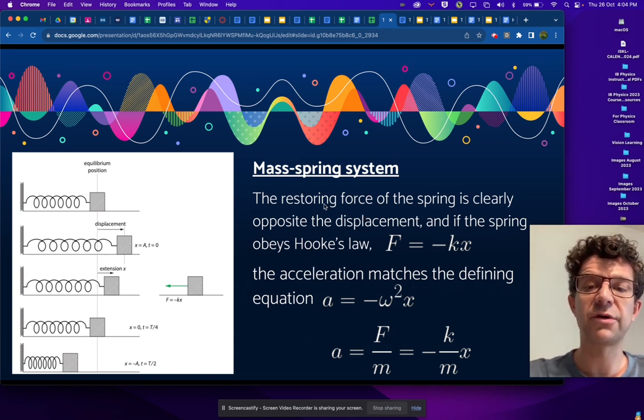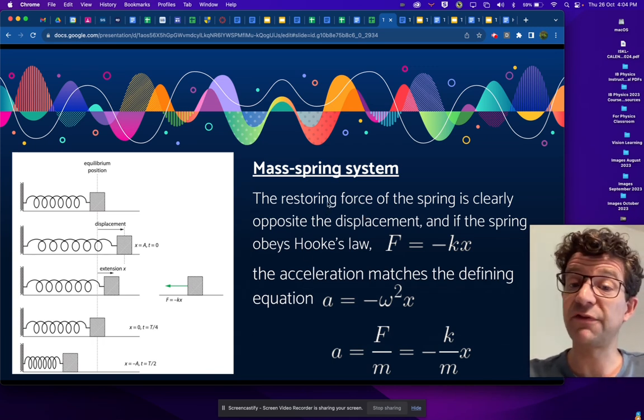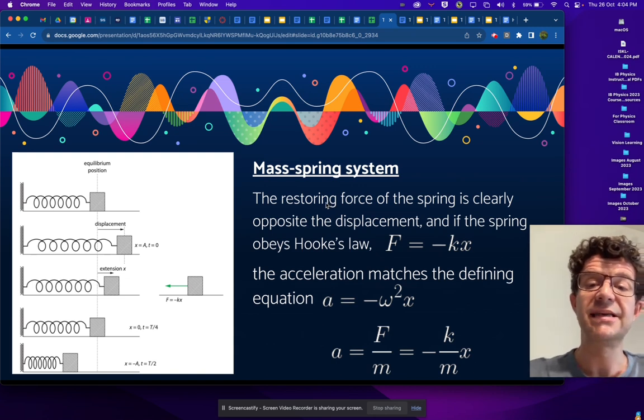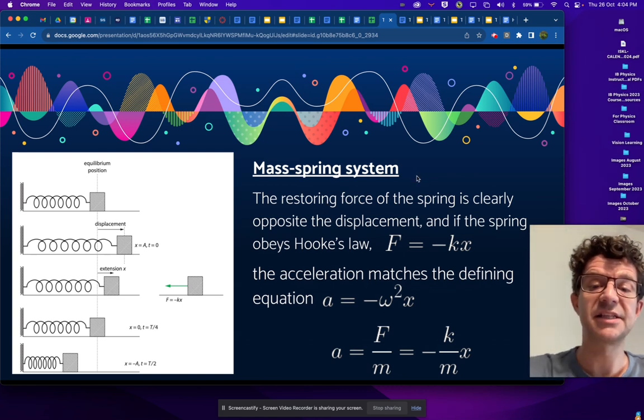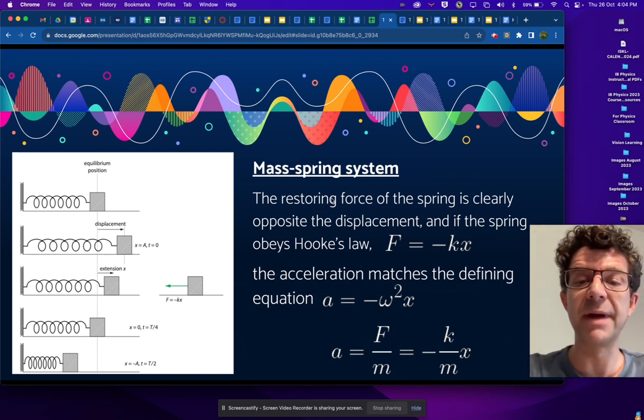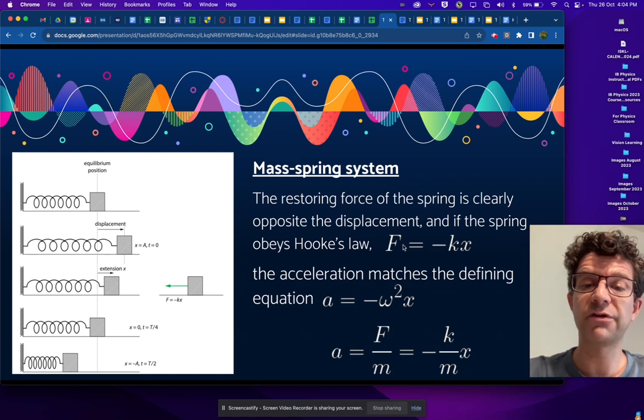The restoring force on a spring, like we said before in topic 4.1, is clearly going to satisfy the relationship between acceleration and displacement as long as we have a spring that obeys Hooke's law. If the force is equal to the opposite of a spring constant times x, that means that the force is a restoring force.